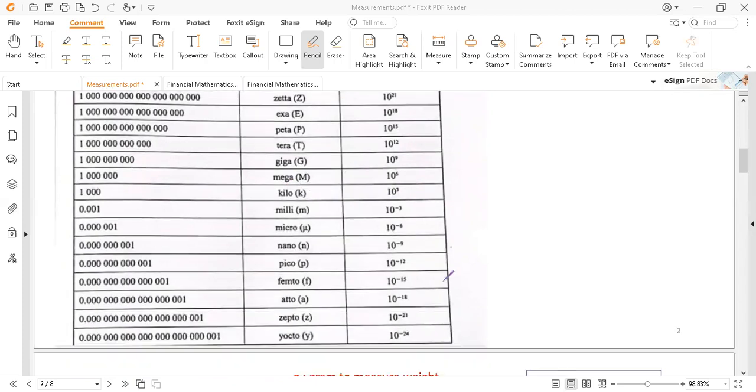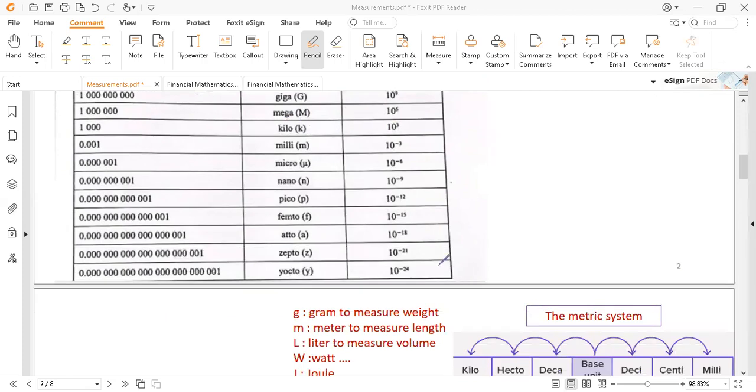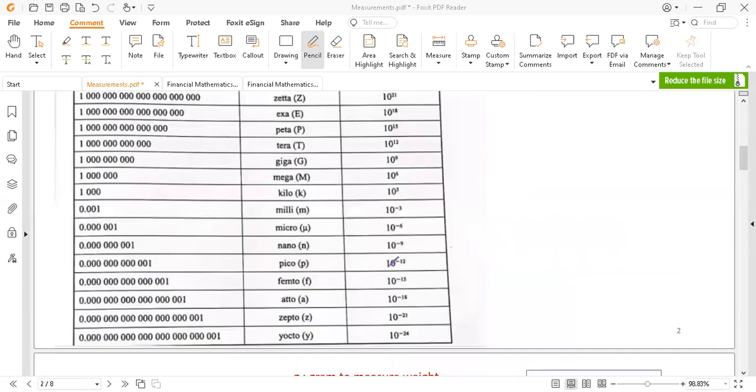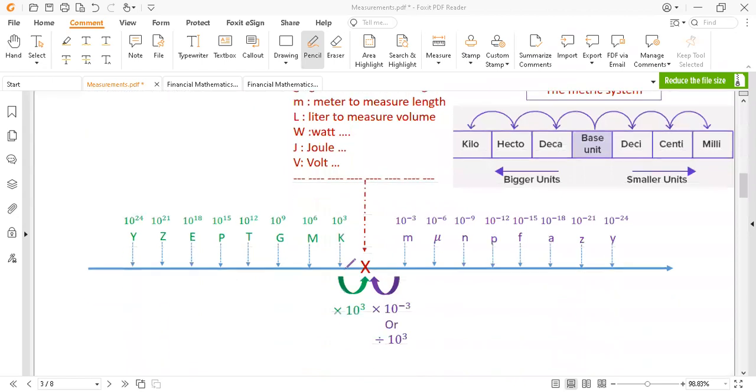It is clearer to illustrate these prefixes on this axis, from the smallest prefixes to the largest one.